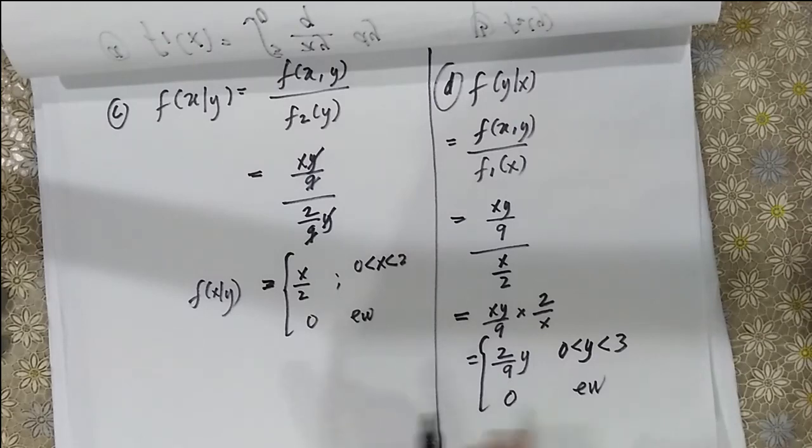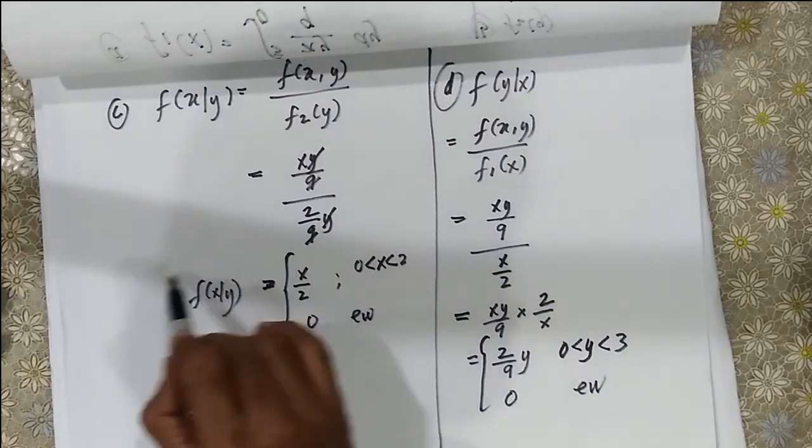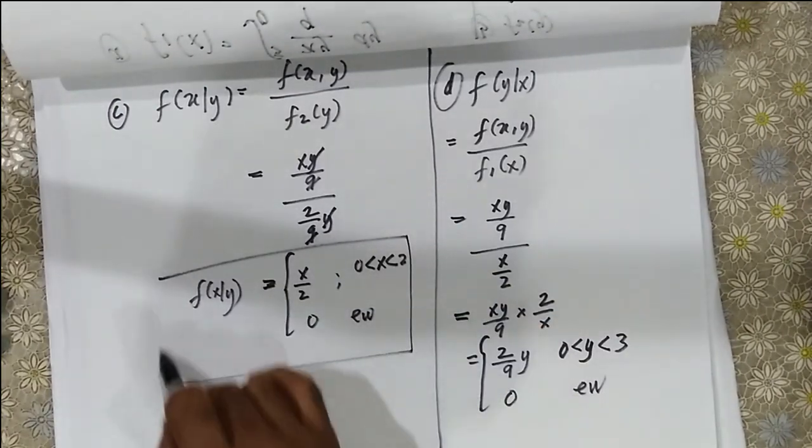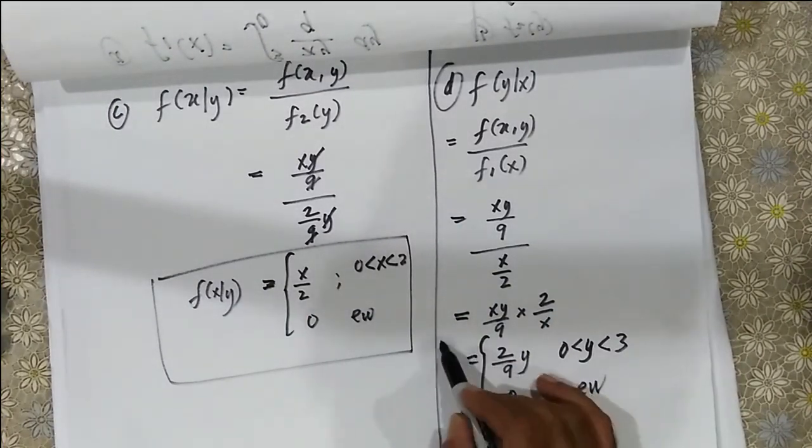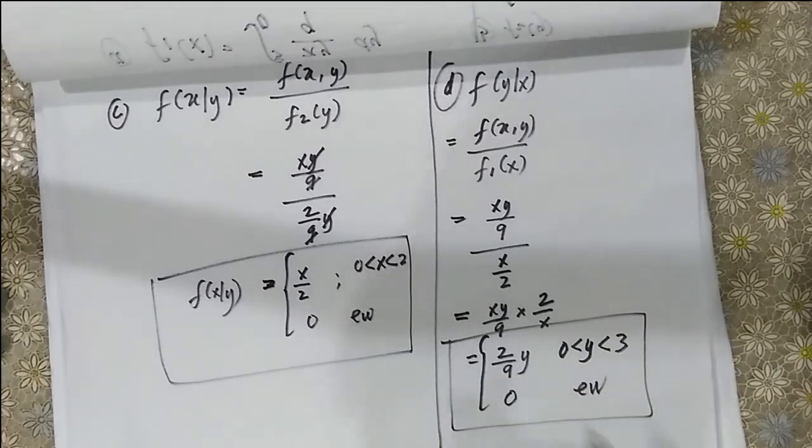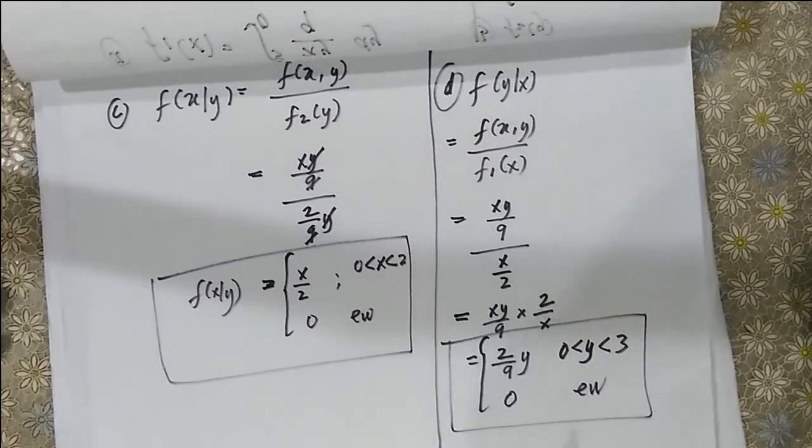And this is how we write the conditional property of x and the conditional property of y. So this is x given y, and here is y given x. That is the answer for x given y and y given x.